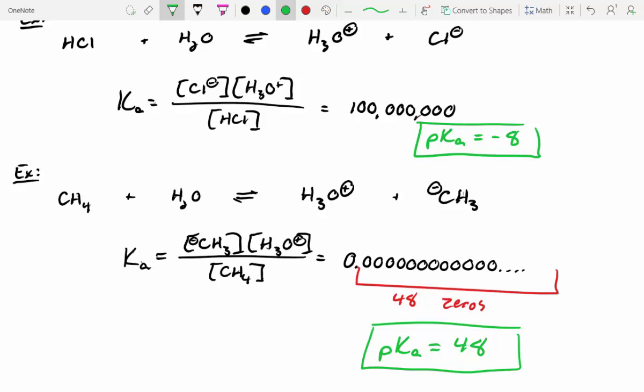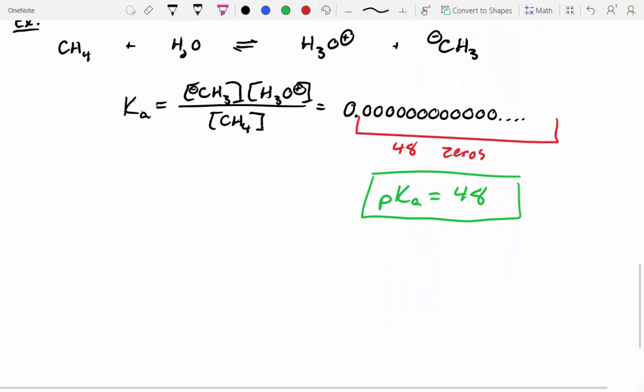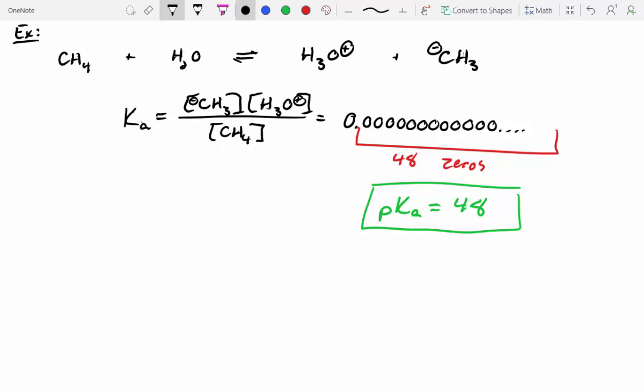So anytime you've got a pKa difference of 1, that means the one with the lower pKa is 10 times more acidic than the one with the higher pKa. It's a little confusing to think about, but let's really quickly define and review pKa. So pKa is equal to negative log of that Ka value.